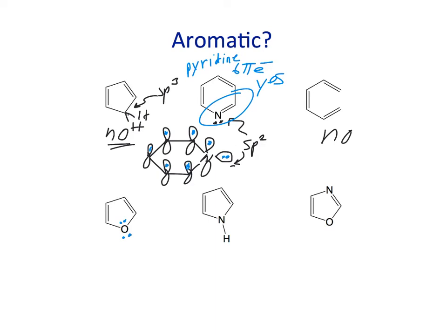All right, so if this molecule is cyclic, to be aromatic, it needs to have a p orbital on each position. So what do you think? What's the hybridization of the oxygen? Right, we should think that it would be sp3, right?